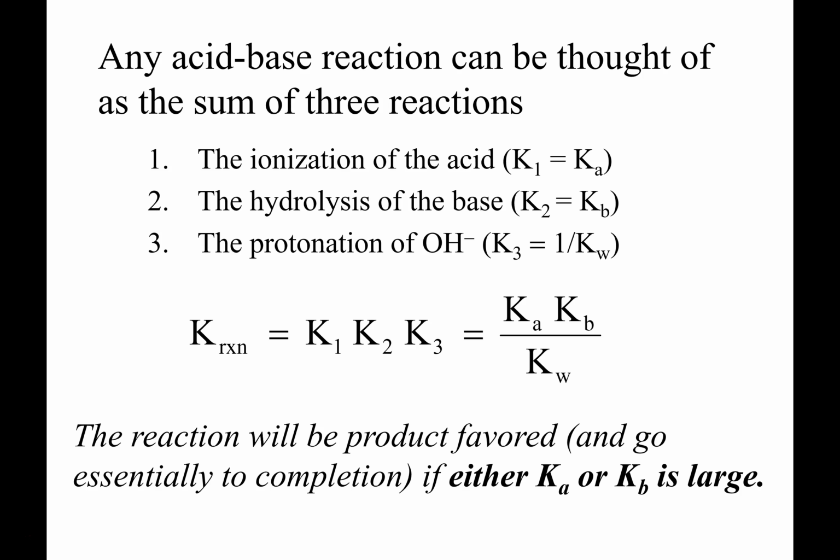Instead, it will be the other way around. Strong acid will break apart. Your strong base will break apart and do something. So that's what that's talking about. When your Kas for your strong acids are very large, your Kbs for your strong bases are very large.